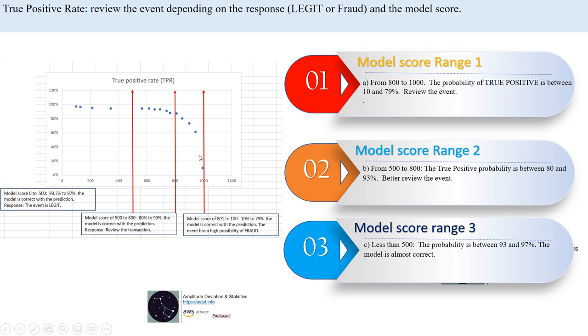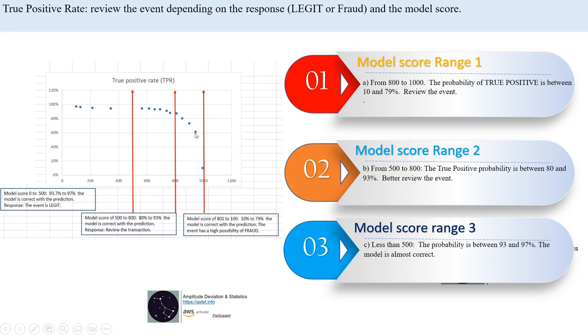We are going to design a response so that if the value is between 800 and 1000, that means we have to review this transaction, because in that case we are getting just 60% probability that the event is a fraud, and effectively it is a fraud transaction.